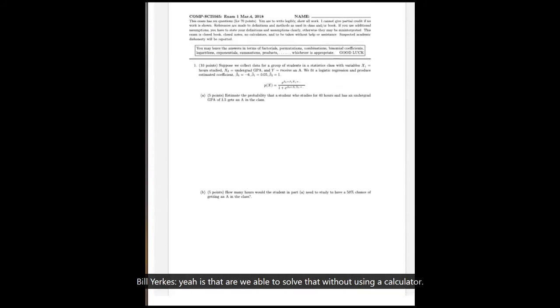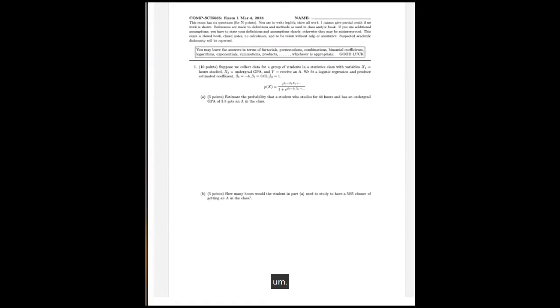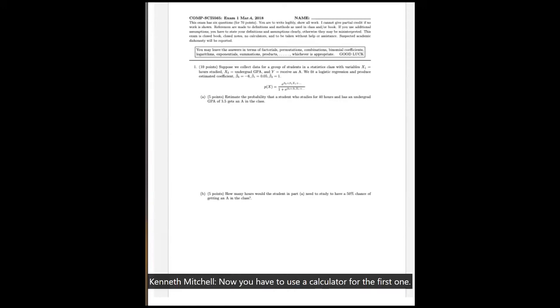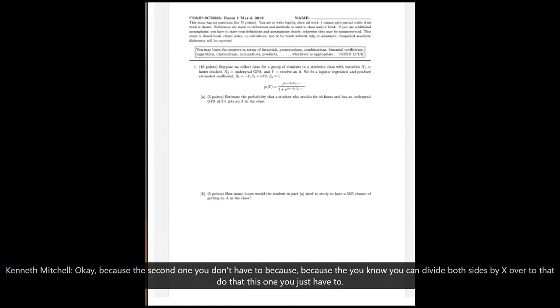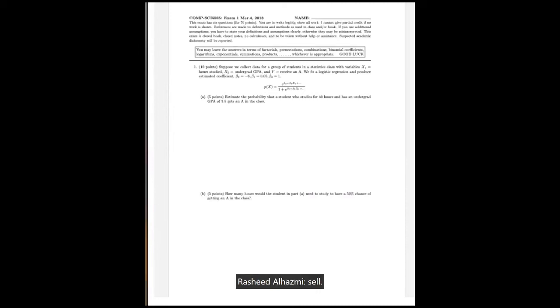are we able to solve that without using a calculator? No, you have to use a calculator for the first one. The second one you don't have to, because you can divide both sides by the exponent. So you're allowed to have calculators.